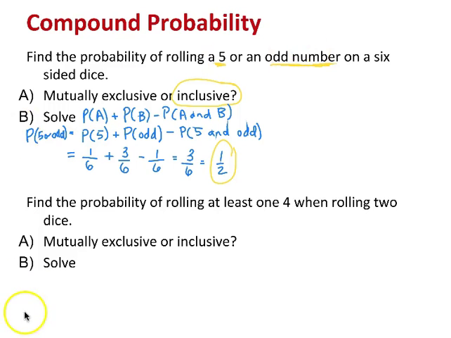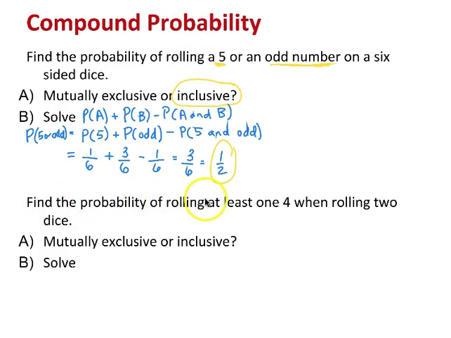Looking at the second problem, it says find the probability of rolling at least 1 4 when rolling 2 dice. So is this mutually exclusive, where they cannot occur at the same time, or inclusive, where this can occur at the same time? So let's look at that question again and decide.